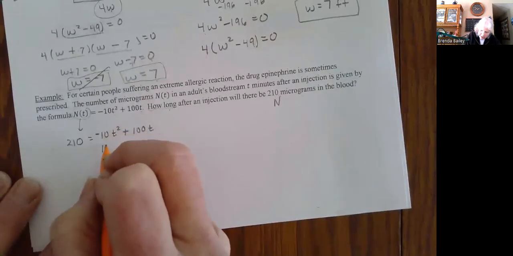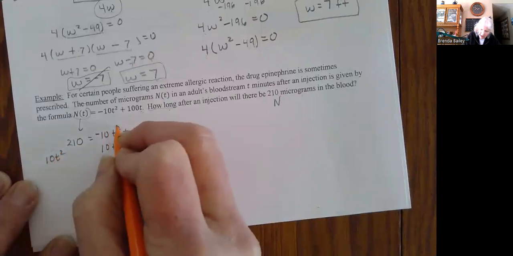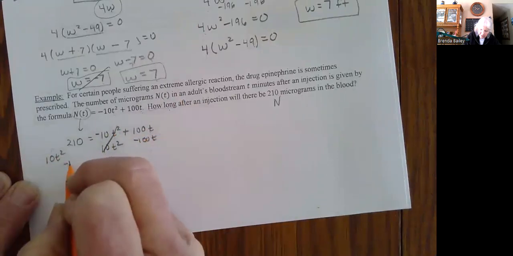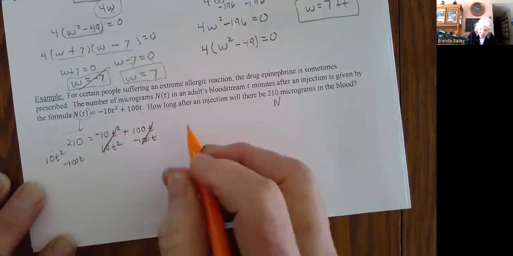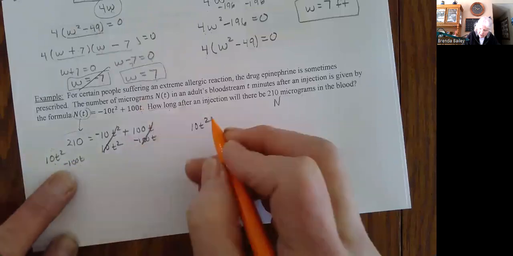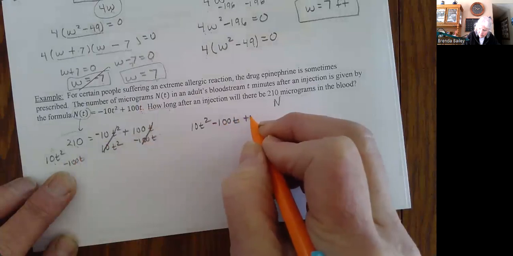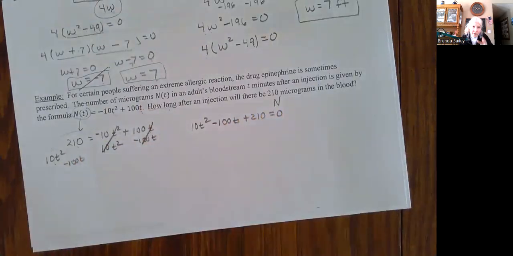So we're going to add a positive 10T squared to both sides, and add a negative 100T to both sides. Putting them in order, 10T squared minus 100T plus 210. So I just moved everything over to the left, and so I don't have to factor out a negative.